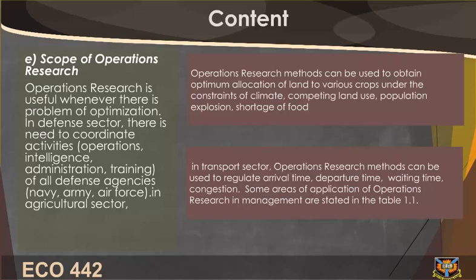In the agricultural sector, operations research methods can be used to obtain optimum allocation of land to various crops under the constraints of climate, competing land use, population explosion, and shortage of food.